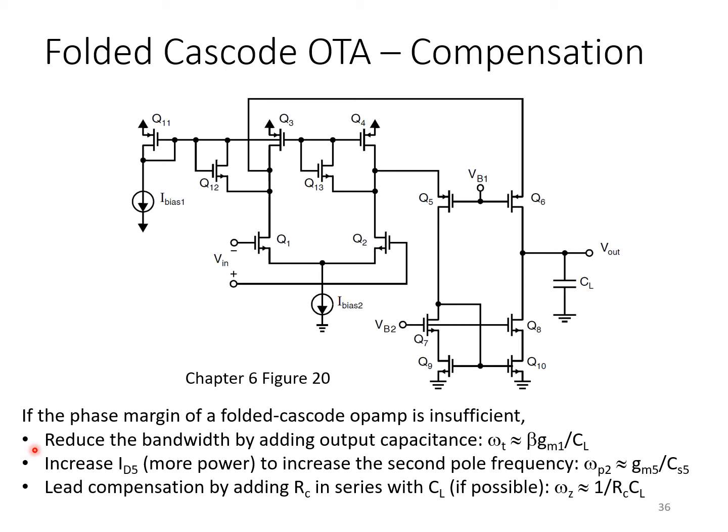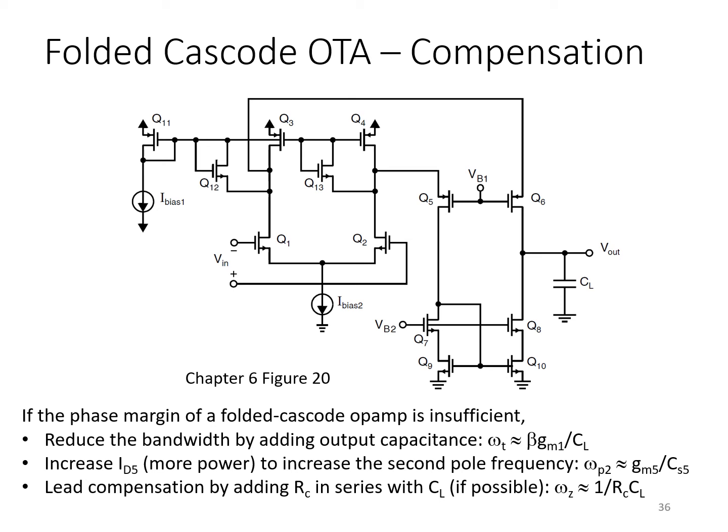To do so, we would reduce the amplifier's 3 dB bandwidth by adding additional output capacitance. Doing so would in turn lower the unity gain frequency of the op-amp, omega TA, and that in turn, assuming feedback factor beta is constant, would lower omega t being equal to beta times gm1 over CL. So increasing CL is the first thing we do. That would give us dominant pole compensation.